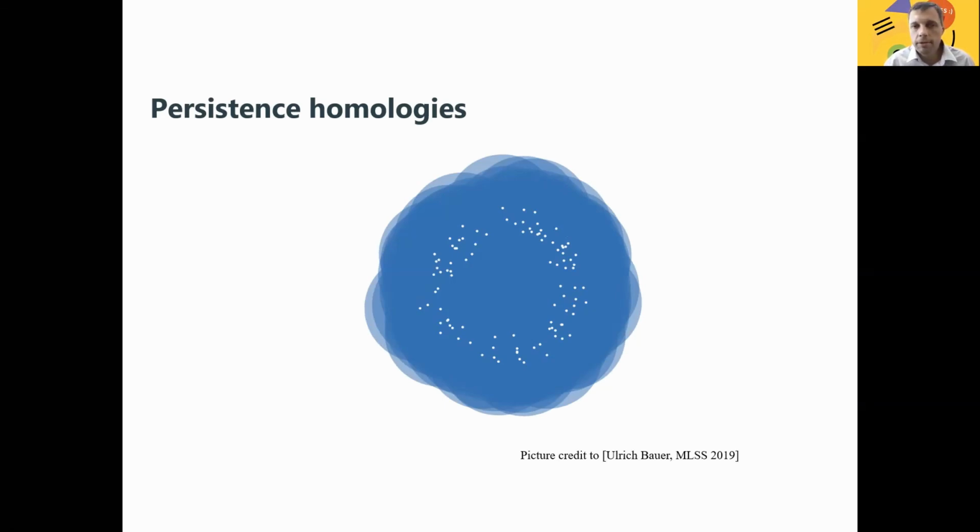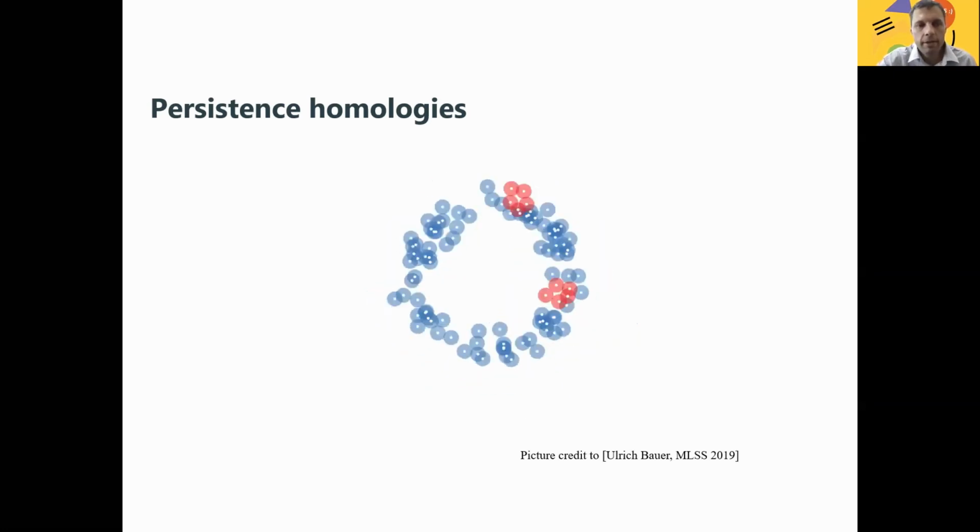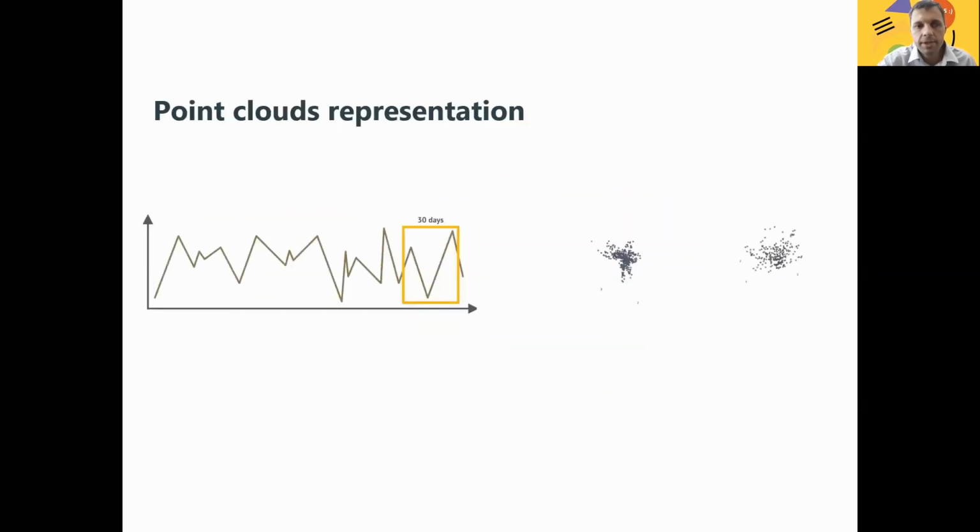So the idea is as follows. As I said, we represent each time series by a sequence of high dimensional vectors, and we get a point cloud. This is the first step.